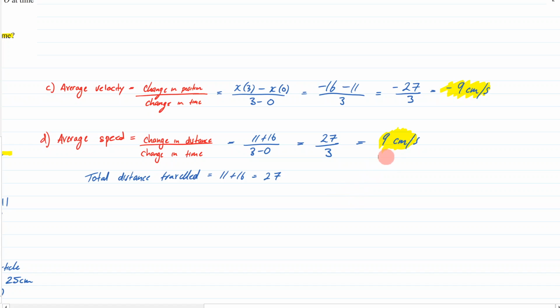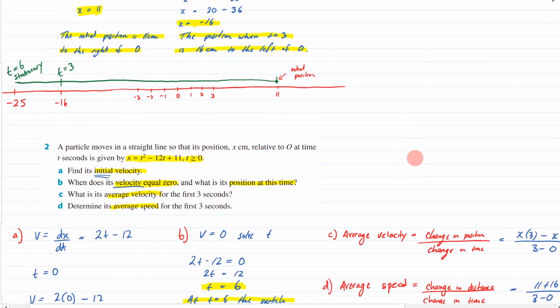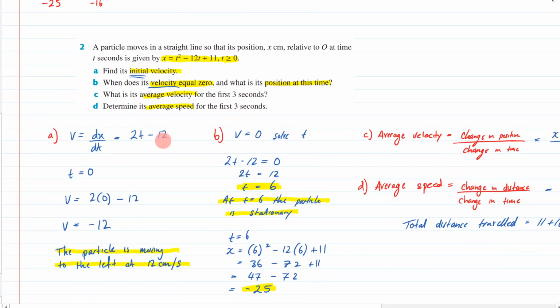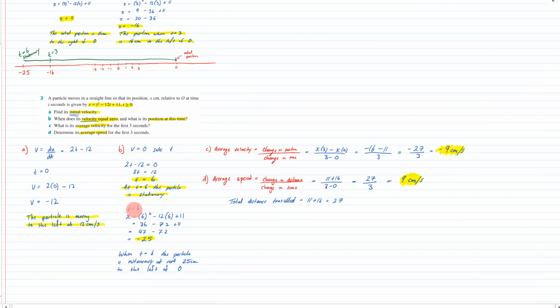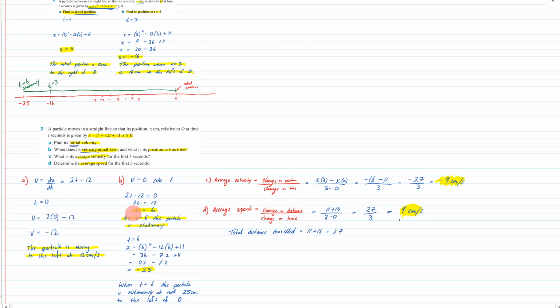And the speed at which it's traveling is 9 centimeters a second. Now, you can imagine that things would be different if we're involving going around the stationary point, which we'll get to. As long as you understand this, and that for this question, this is what's happening. So question 1 and 2 are very much related. I wonder if question 3 will be related. I do not know. I have not looked at it yet.